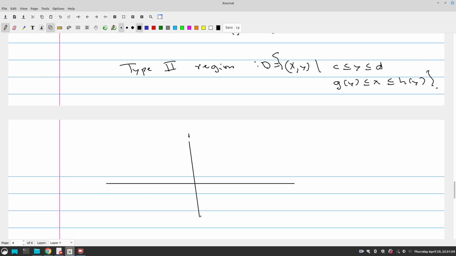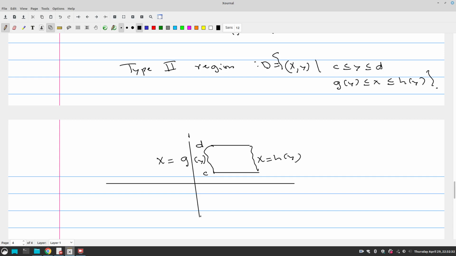So x is between two functions of y. So this is your g of y. This is x is equal to g of y. This curve, and this curve is x is equal to h of y, and the y limits are constant, right?